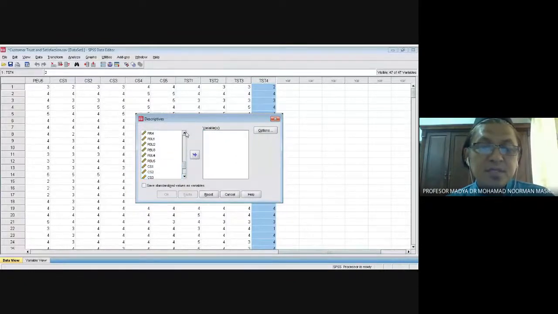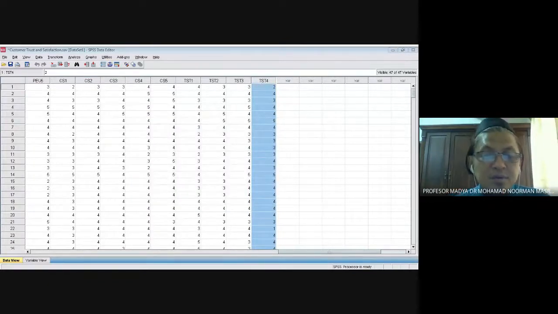Ease of use is PEU 1 until 5. Put here and then click OK. Then you can see all are 4, 4, 4, 4, except the last one is 3.99. Okay, and then you can take the overall mean. You copy and then you paste onto your Microsoft Word.